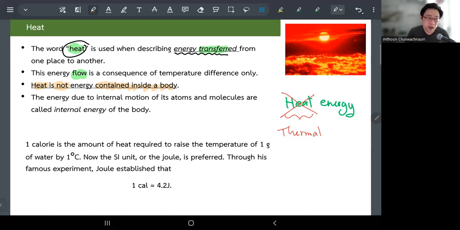Just to keep saying that we have total kinetic energy in your body is going to be long. So eventually they came up with the idea to say that the energy contained inside the body, which you can measure through temperature, or your thermal energy, will always mean internal energy.